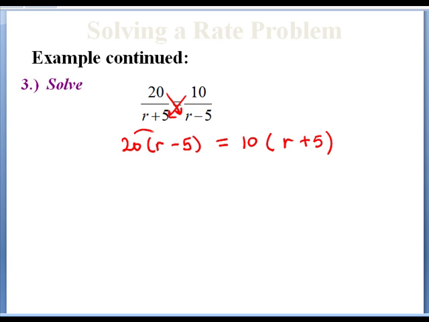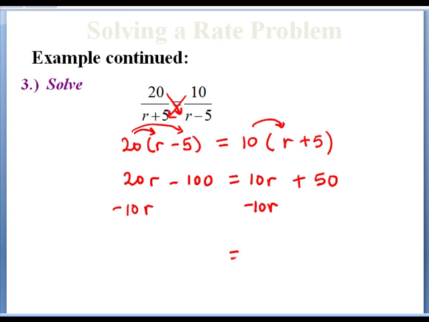So now we need to simplify. We have 20r minus 100, equal to 10r plus 50. Subtract 10r from both sides.